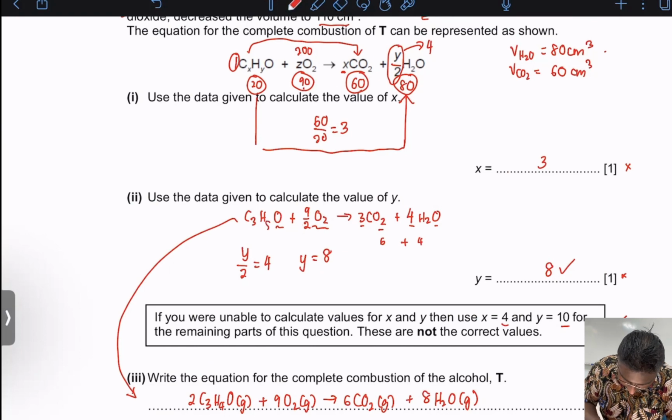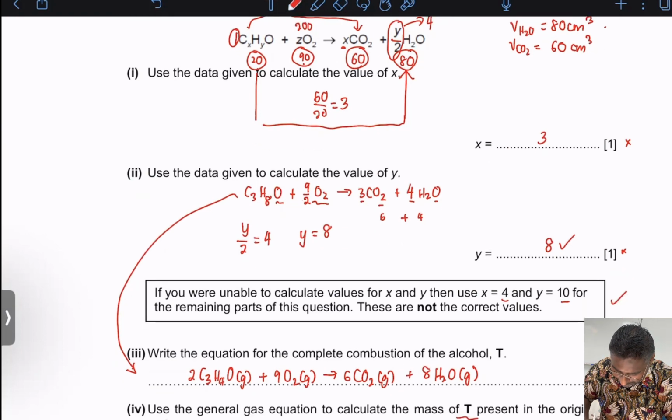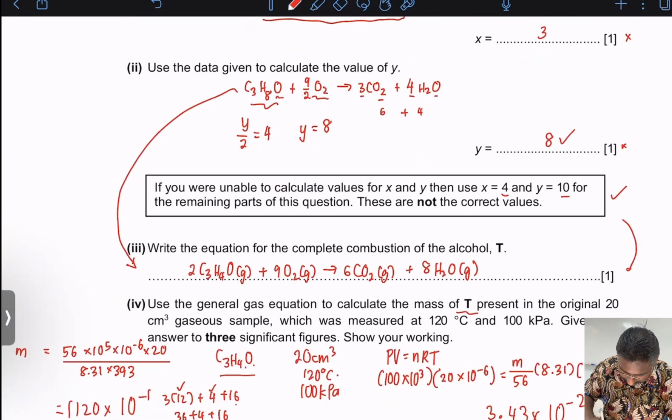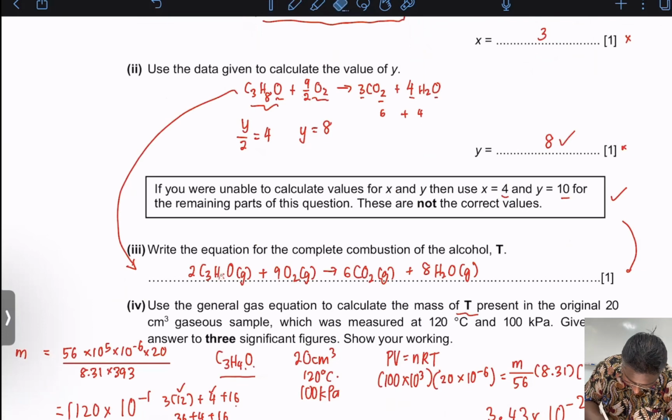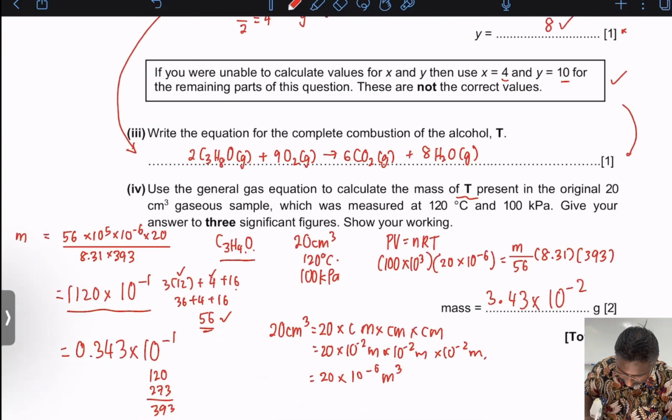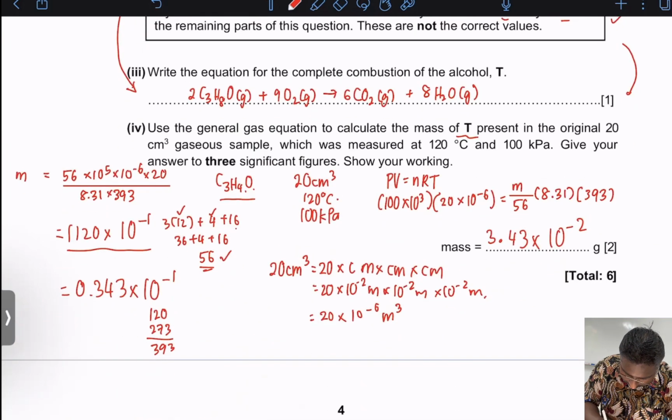Y is 8. So if Y is 8, 8 is all correct. This one 9 over 2, everything is correct. So only this one is 8. All balanced. So this one will become 60.